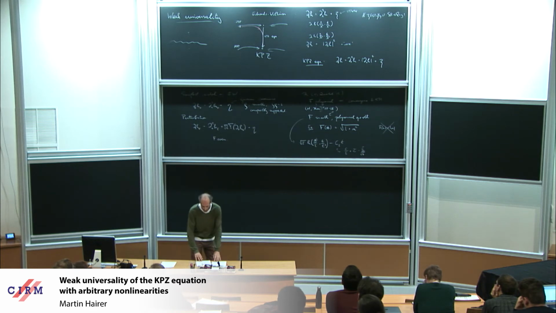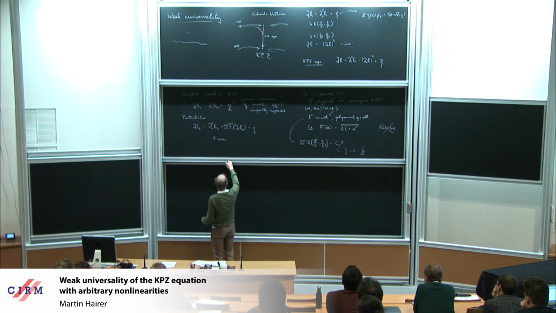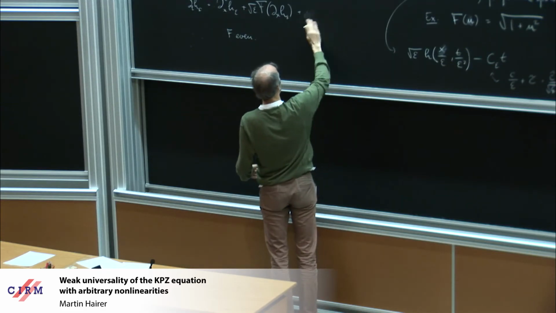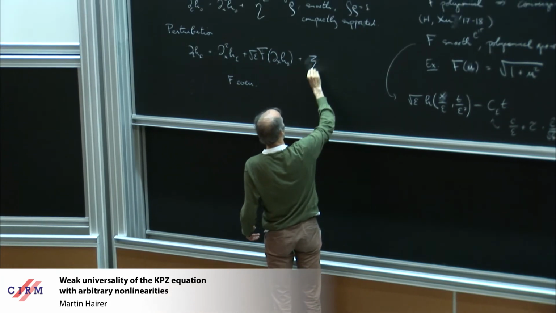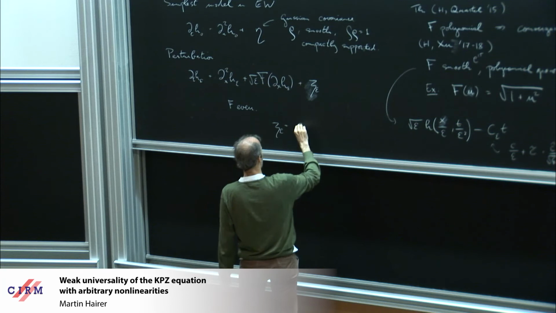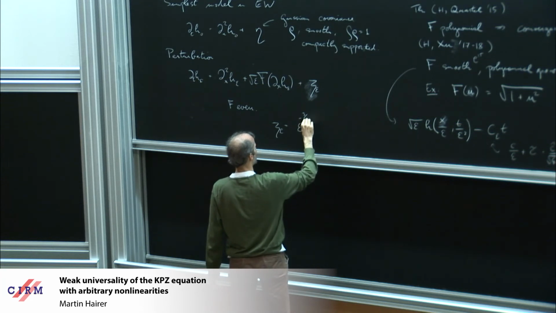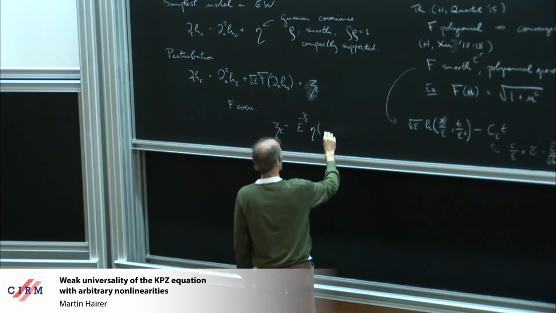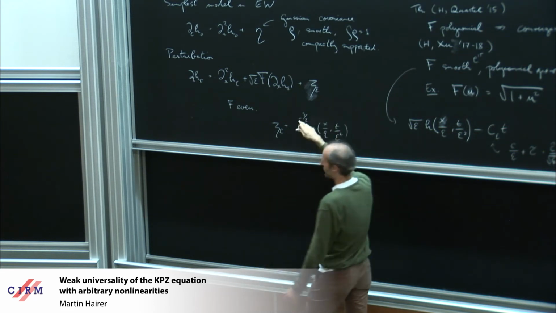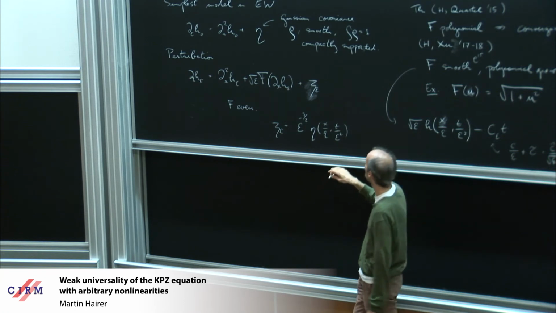So the first thing we do is, let me just write down the rescaled equation. Maybe I just modify this one. So when you rescale it, let me write xi epsilon, and xi epsilon is epsilon to the minus 3/2 eta of this x over epsilon, t over epsilon square. That's just the white noise scaling.